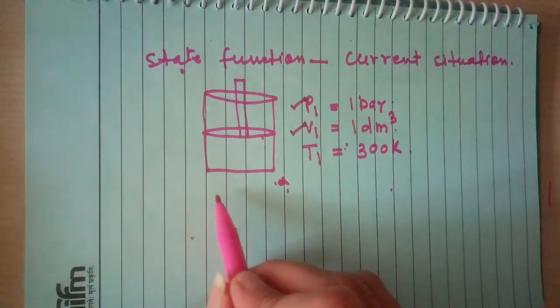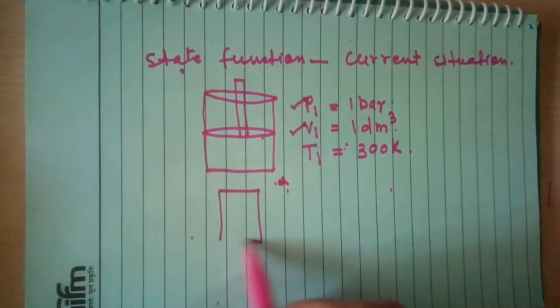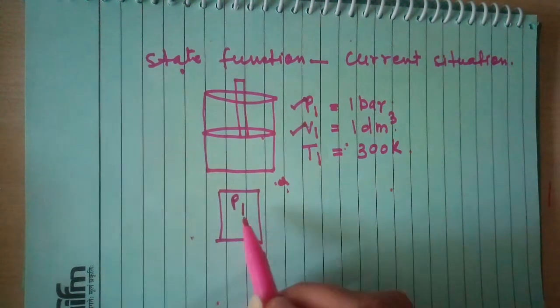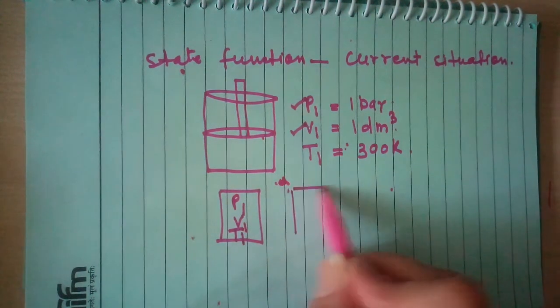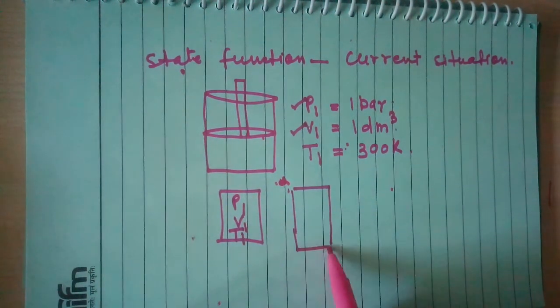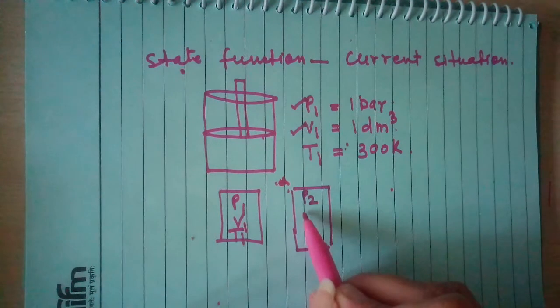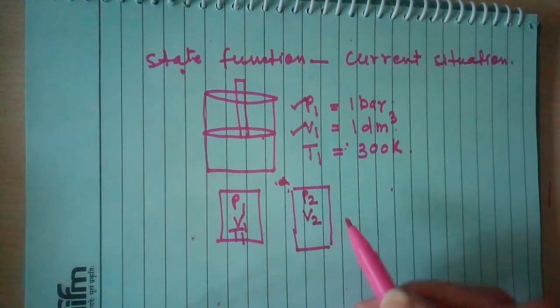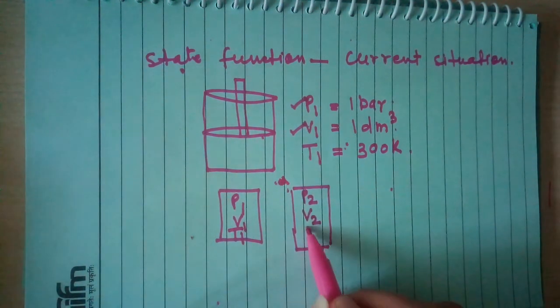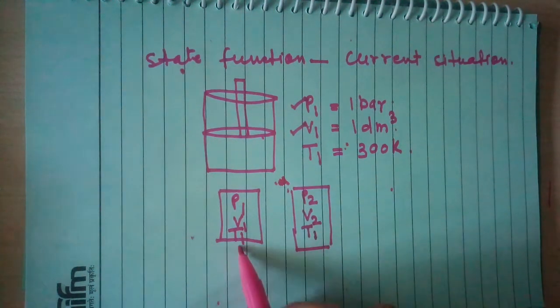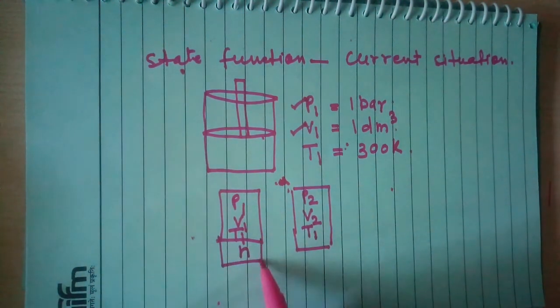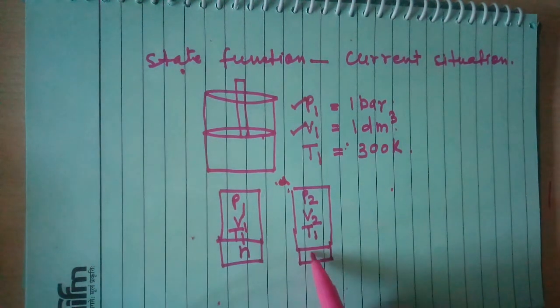So you can write it in a simple way: P1 is the initial pressure, V1 is the initial volume, and T1 is the temperature. P can be changed from P1 to P2, and V can be changed from V1 to V2. Temperature will have to be kept constant, and the number of moles, N, also remains unchanged.